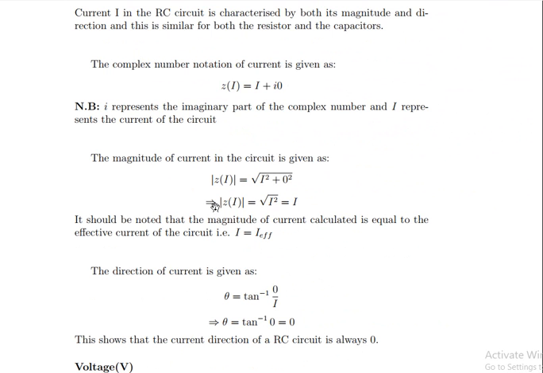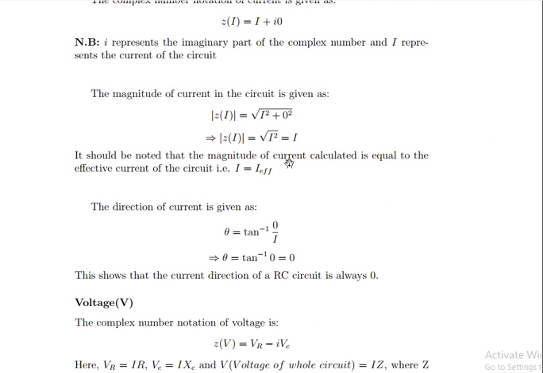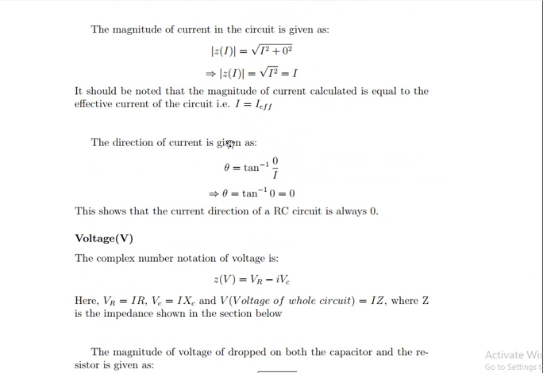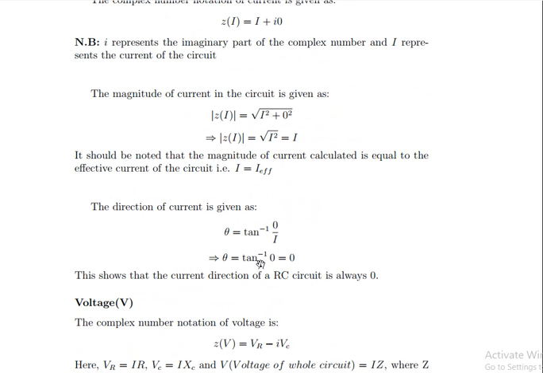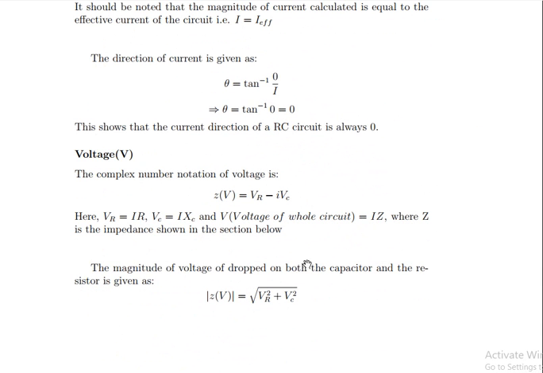The magnitude is going to be given as I, which is the effective current, I0 over the square root of 2. And the direction is theta equals tan inverse of 0, which is the y part, all over I. So theta is going to be equal to 0 degrees.